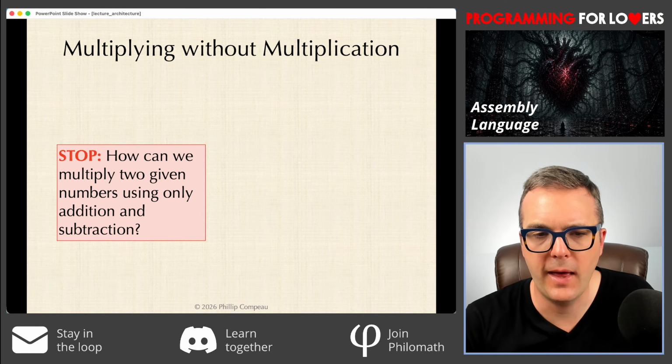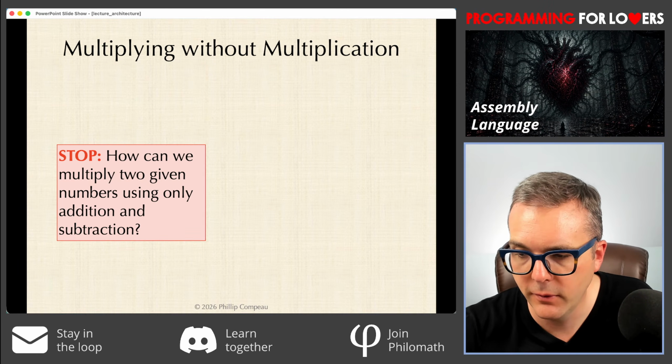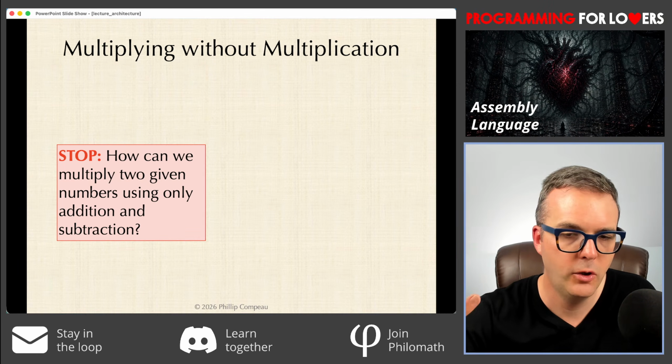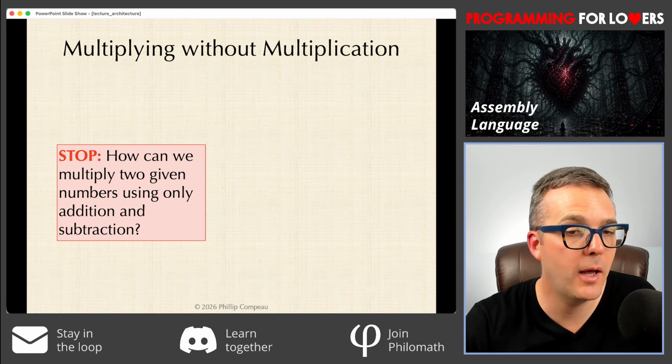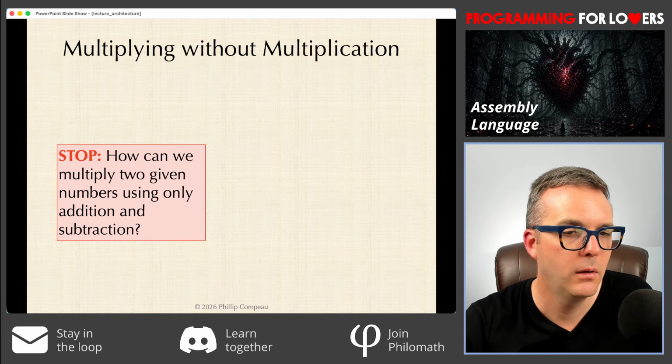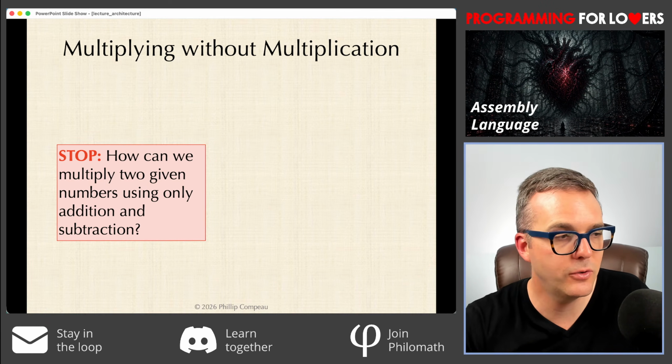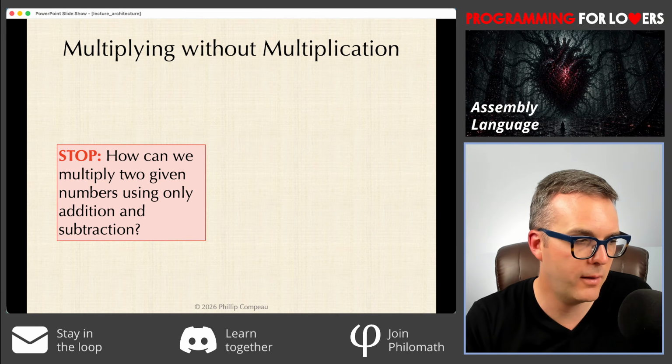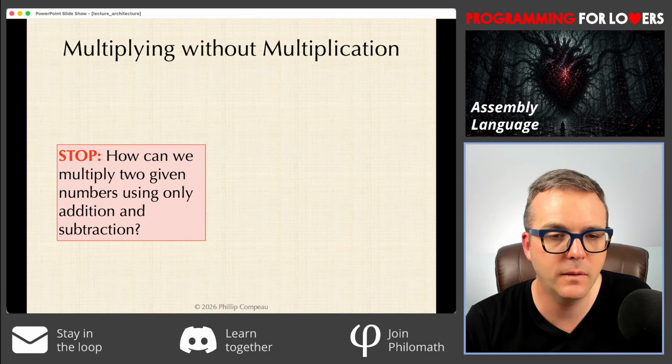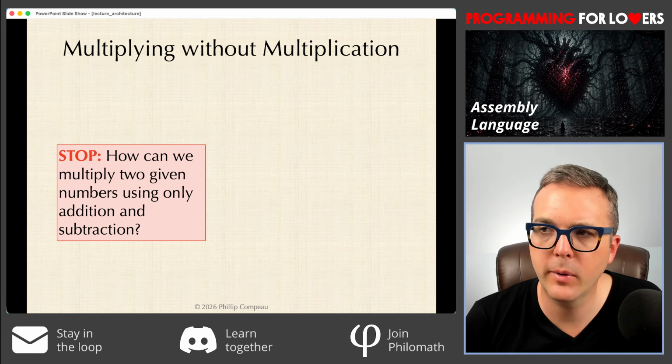How is it that I could do that? Say, for example, I've got two numbers stored in registers 2 and 3, and I want to multiply those two numbers together. I'll give you a hint that I will allow you to use other built-in operations, so we have addition and subtraction available to us, but how does that result in multiplication?